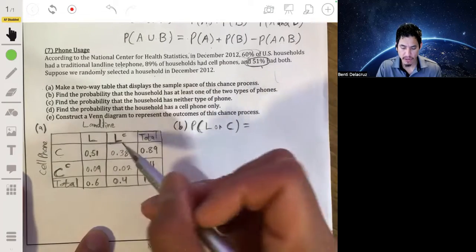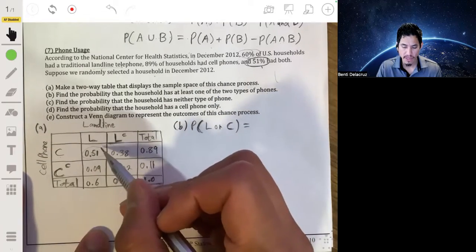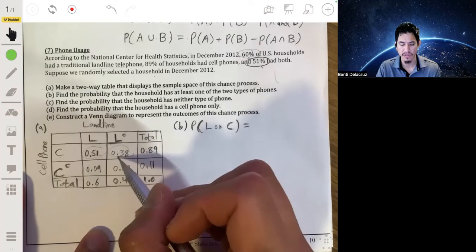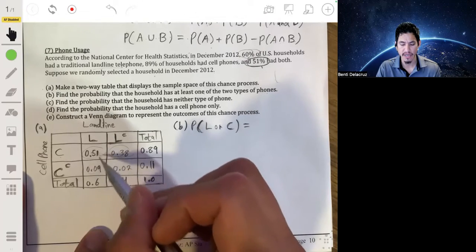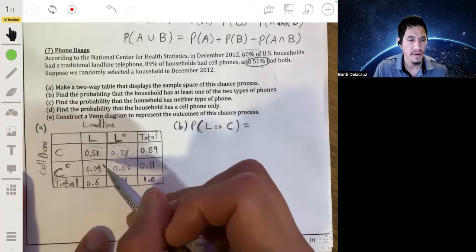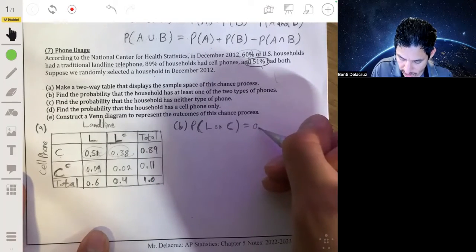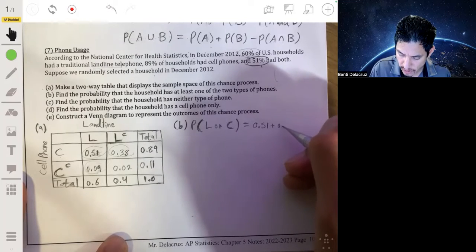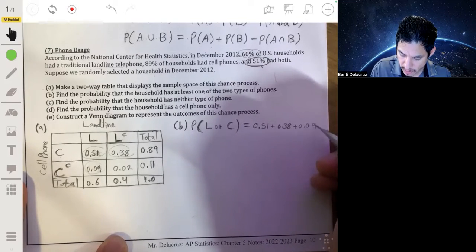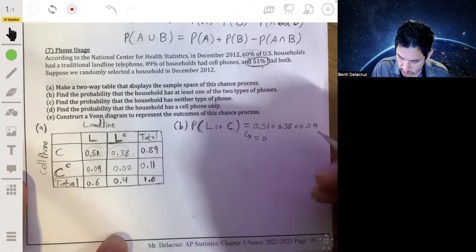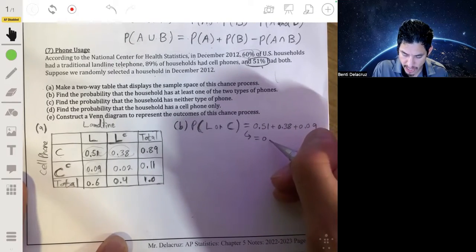So that would include this and this, because these two count as cell phones and these two count as landlines. So I just have to add up these three values, and then I'm going to get my answer. So 0.51 plus 0.38 plus 0.09, and I would get 0.98.